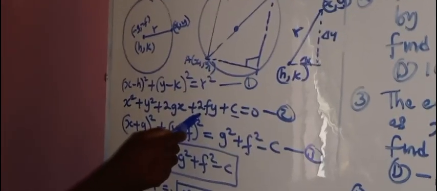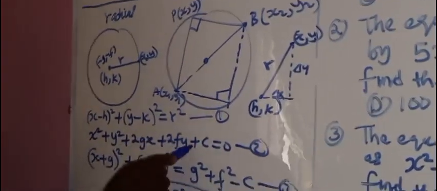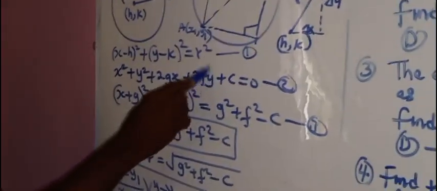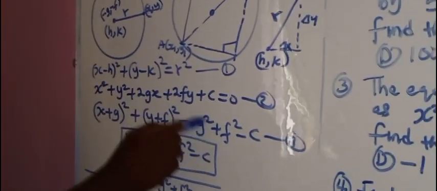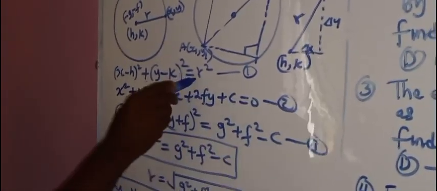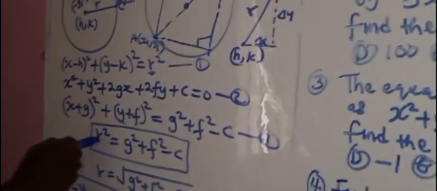Half of 2f is f, f squared, take to the other side. The constant, when it is plus, it turns to minus. If it is minus, it turns to plus. Okay? So this one now equals to this r squared. Okay, so r squared equals g squared plus f squared.